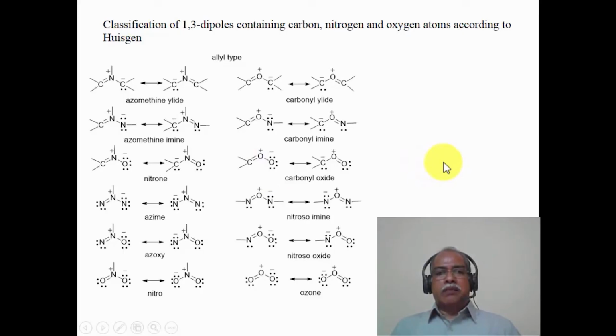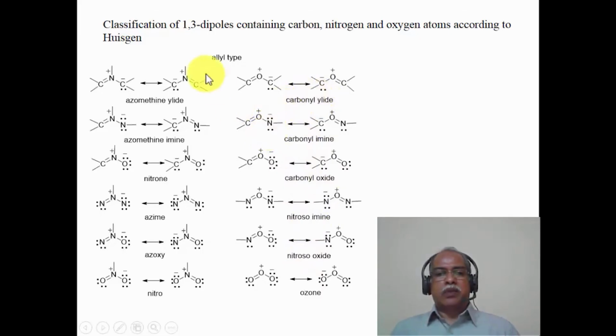There are several examples of 1,3-dipoles known in the allyl anion type system. The classification is shown here. These are essentially allyl anion type, or the allyl type of system is what is shown here. Typical examples are azomethine ylide, azomethine imine, nitrone, azimine, azoxy, nitro, ozone, nitroso oxide, nitroso imine, carbonyl oxide, carbonyl imine, and carbonyl ylide.